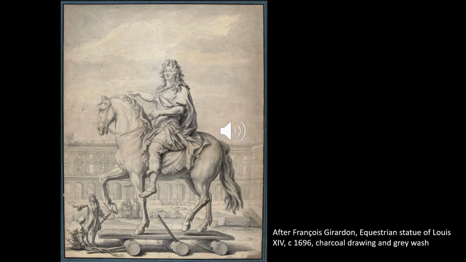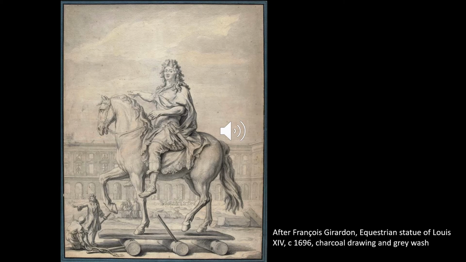So he commissioned a sculpture that placed a portrait of himself, the king, on a massive pedestal, which you don't see in this drawing, in a major public square in Paris. So this artwork was intended to be outdoors, and therefore we can assume was intended to have an important public message.